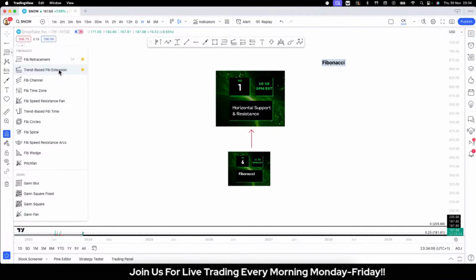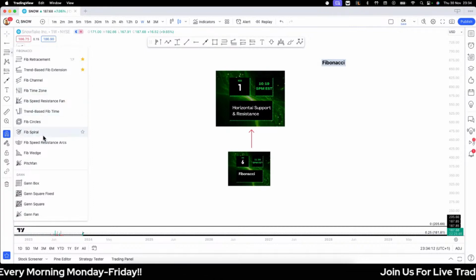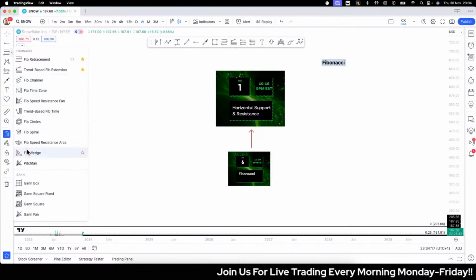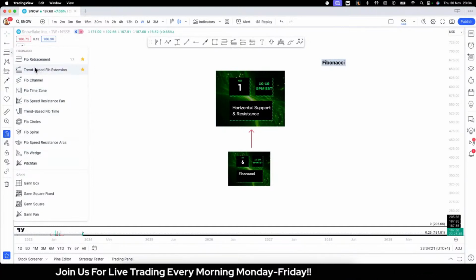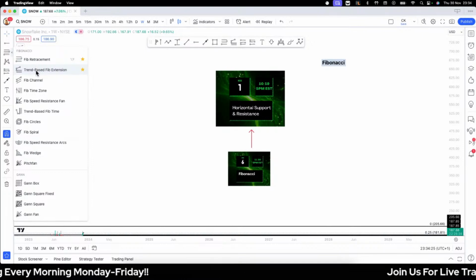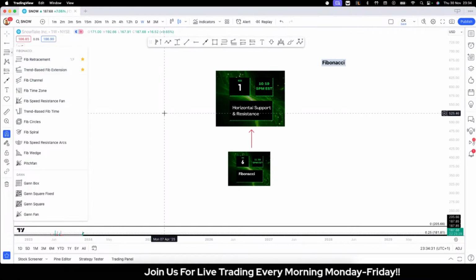So I'm not the person to teach you about a Fib channel, time-based Fibs, Fib spirals, Fib circles, Fib wedge, whatever, all of these different things. That is not what I use. So today we can take a look at Fibonacci retracements and extensions. I can tell you that that is quite complete. I never ever feel that I'm not prepared with just those 2 variants. So those 2 is what we will be using.